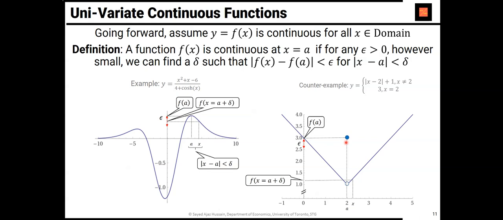I want to draw a radius around here and see if I can have the function of the value of x be really close to this dot right here. Well, that's not true, because there is no value of x close to this one where, the second I wiggle a little bit this way, I jump from here to over here, which is more than the radius epsilon. I didn't say that very well, but I think you get the hang of it. So you have to be able to pick a very tiny number, and you have to be able to have the function, quote unquote, continue in the region over here.